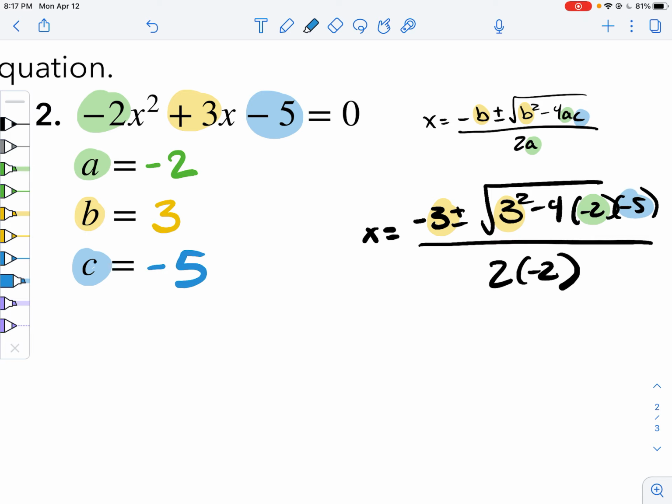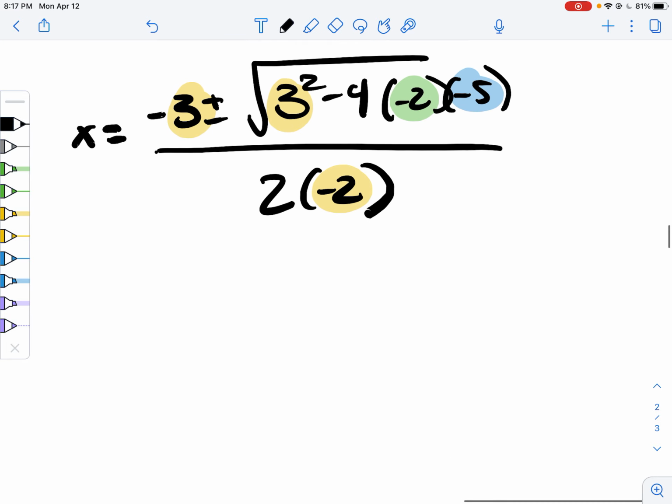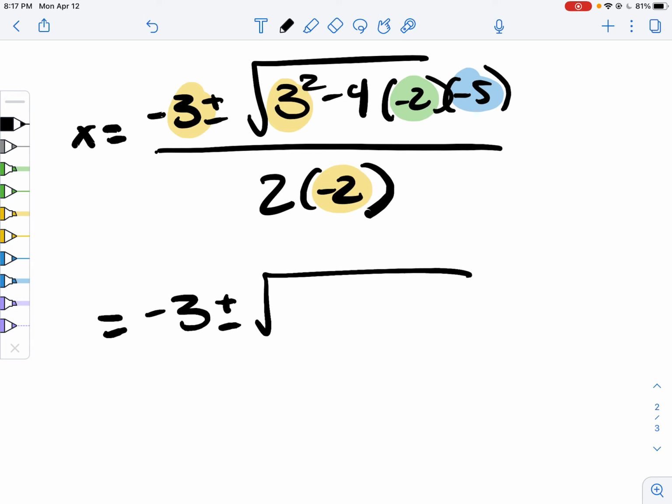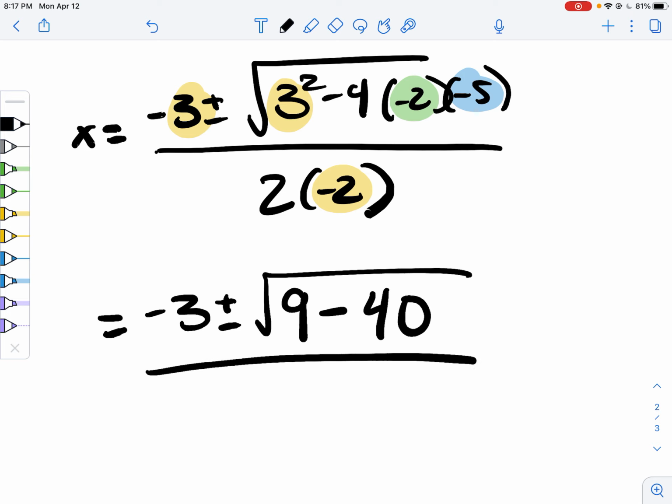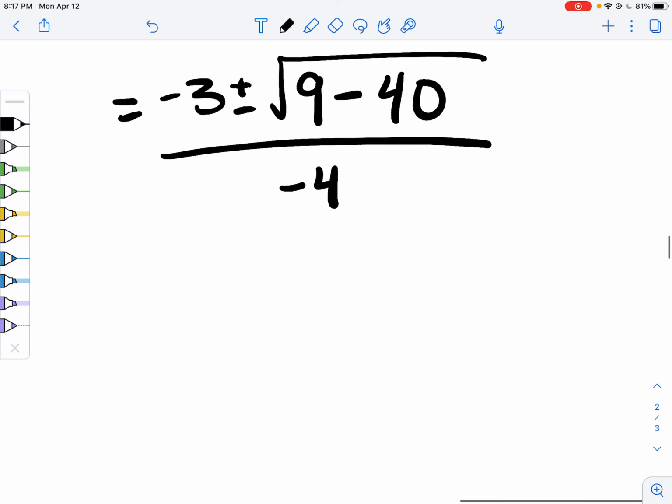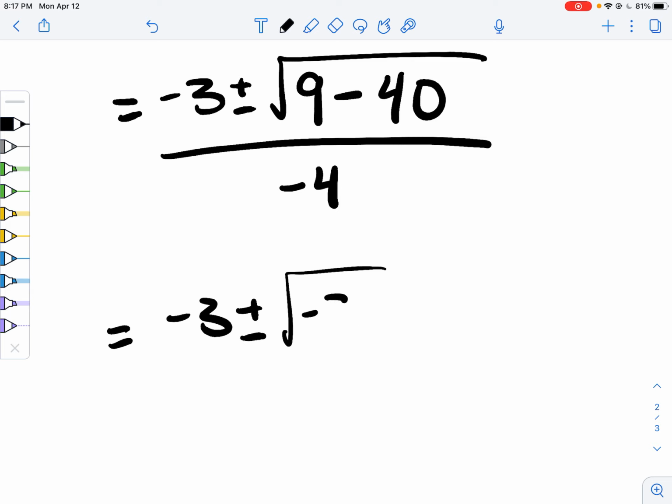Now let's simplify. So x is equal to negative 3 plus or minus the square root of 9 minus 40, all over negative 4. So we get negative 3 plus or minus the square root of negative 31, all over negative 4.